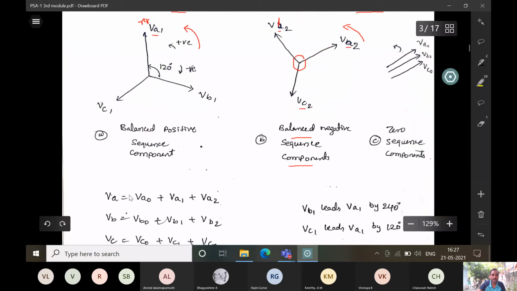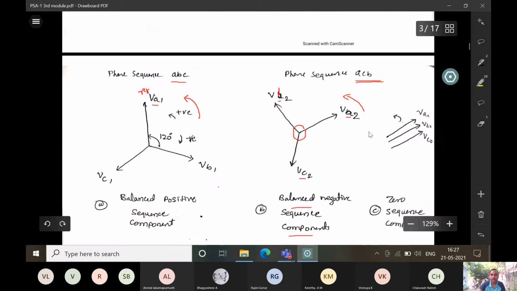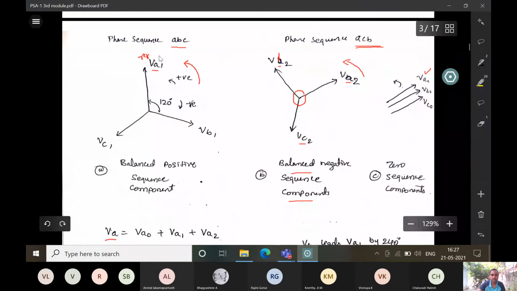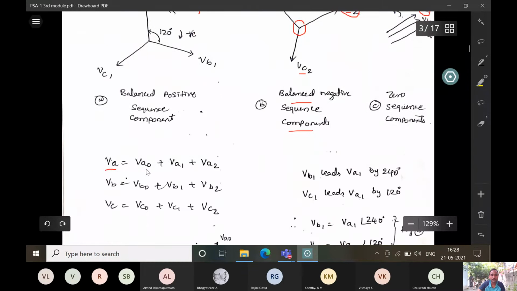So now we can write the total VA is equal to VA0 plus VA1 plus VA2. So the phase voltages are written in terms of sequence components.